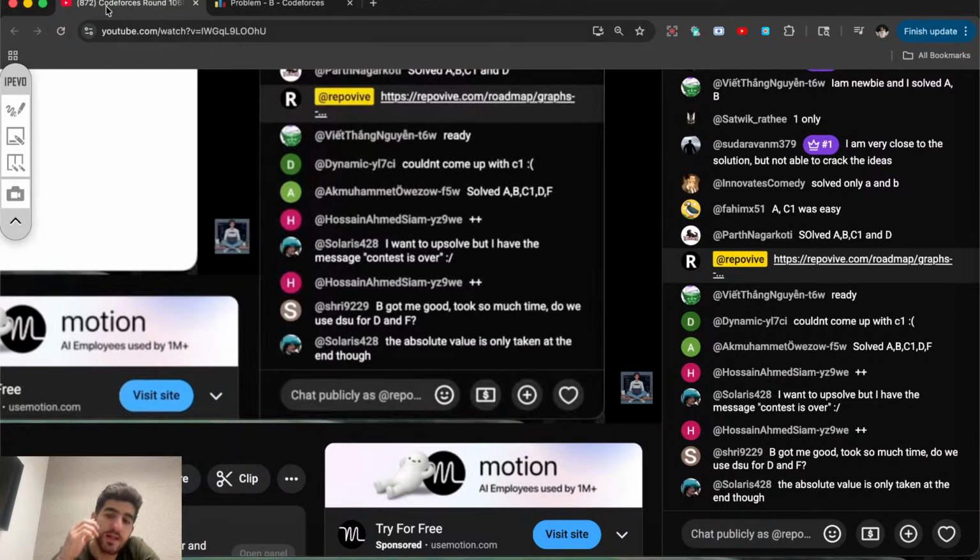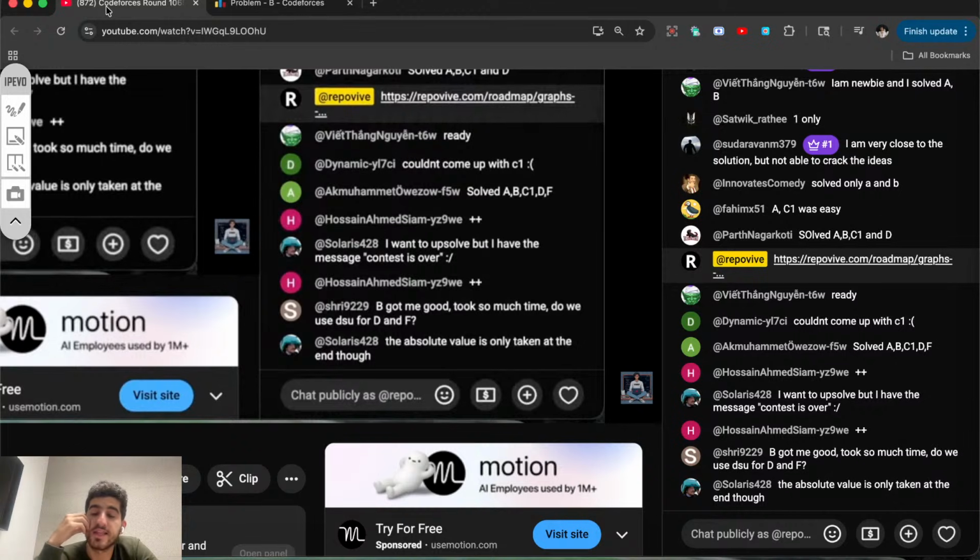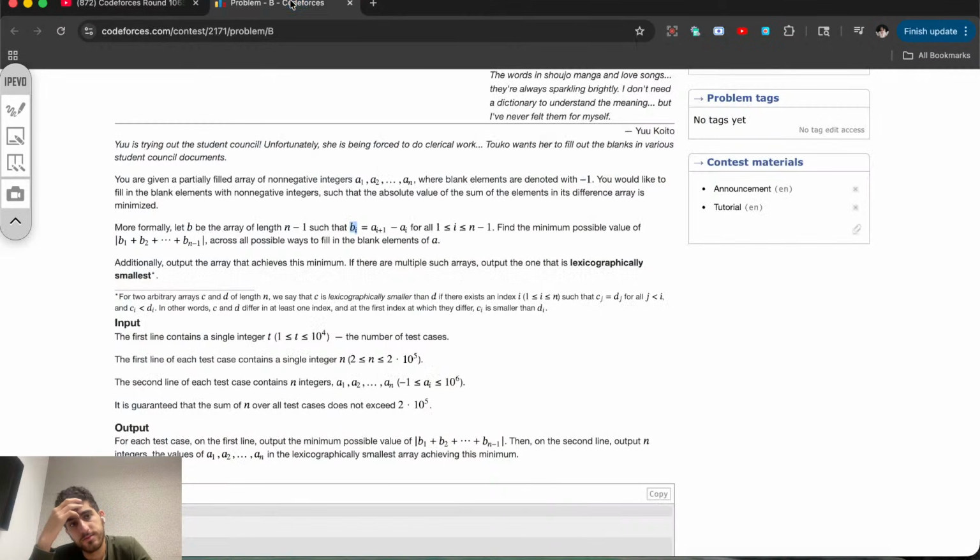The absolute value is taken at the end, but I'm saying that before inserting these negative ones, I want to insert those values in the places of negative ones such that it does not increase the final answer.